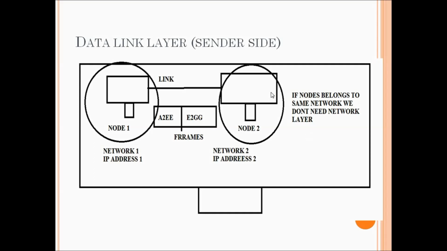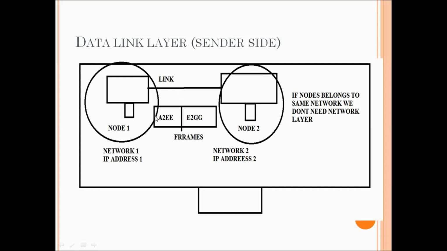That's why I need IP addresses. The data link layer is used when there are no different networks. If your nodes belong to the same network, then IP addresses are not necessary. Only link addresses are necessary.